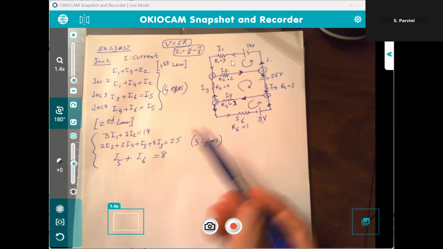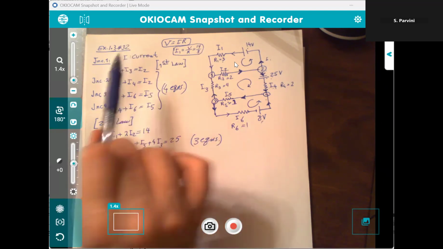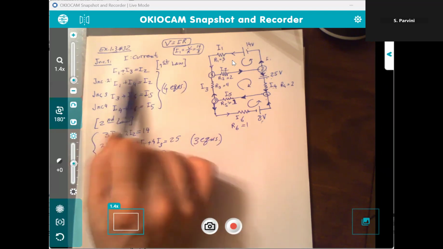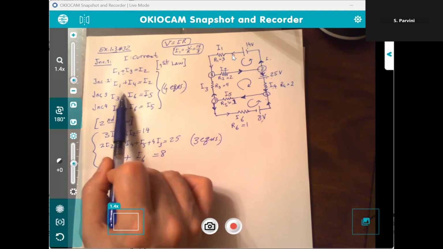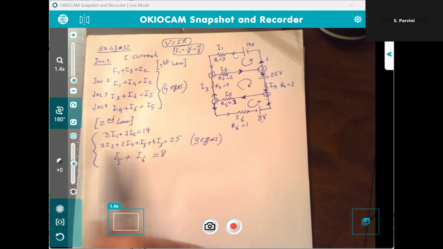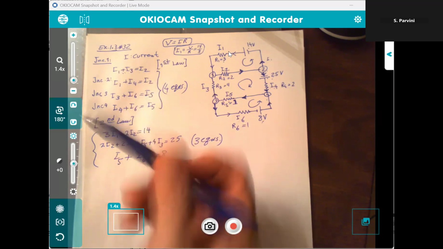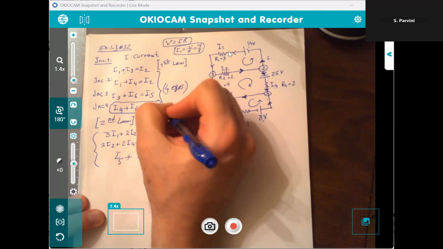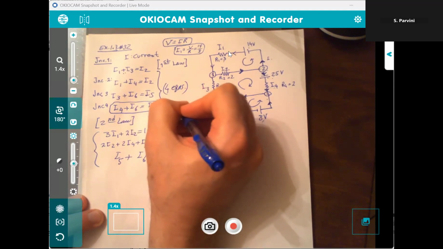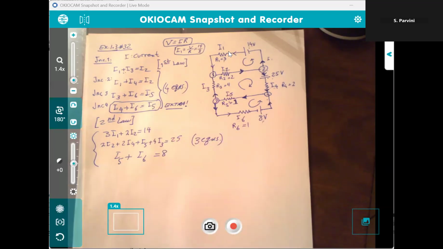So which ones are we going to use? Let's use this one, first one, second, third, and then let's use these 3. Is that okay? In other words, for the junction equations, I'm going to say this one is extra.